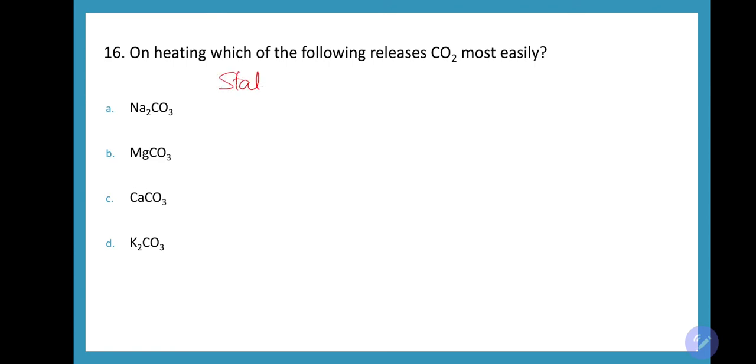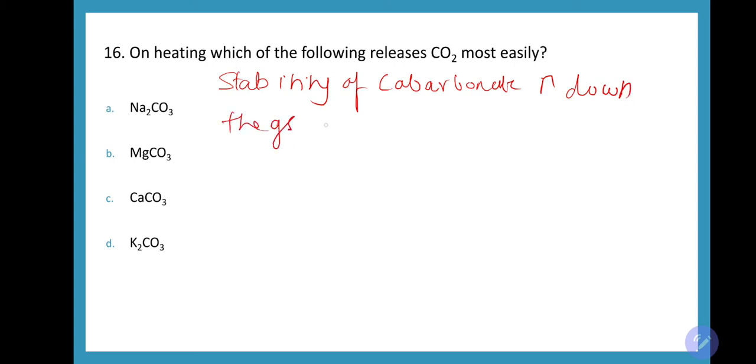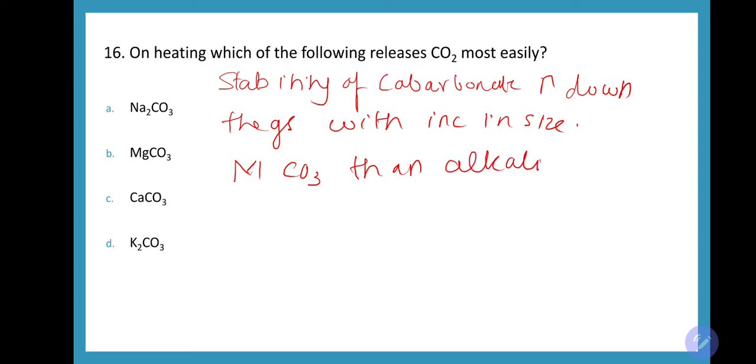Stability of carbonates increases down the group with increase in size. And do remember that alkali metal carbonates are more stable than the alkaline earth metal carbonates.